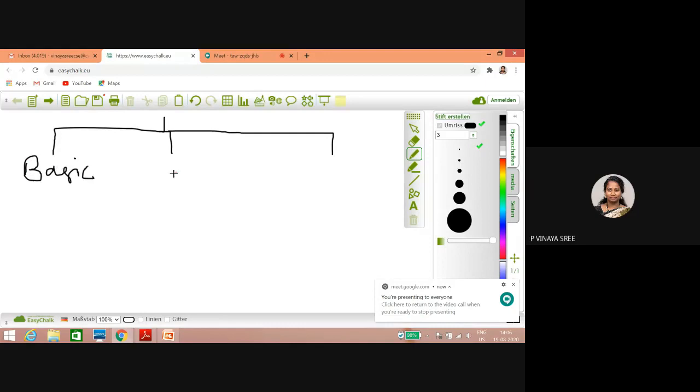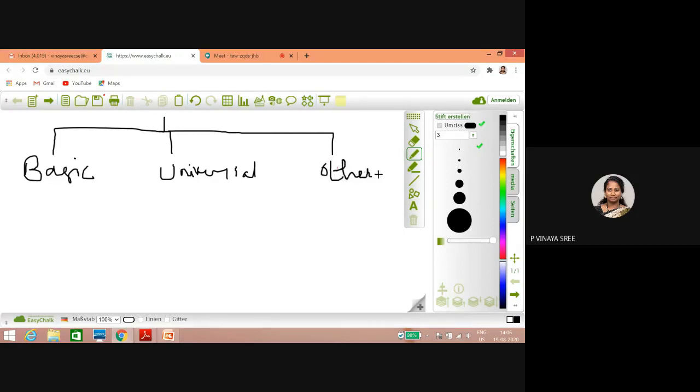The second one is universal gates; I will explain why we call them universal gates. And the next is other gates, which are also called exclusive gates.